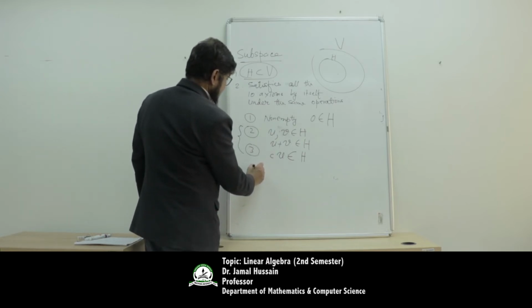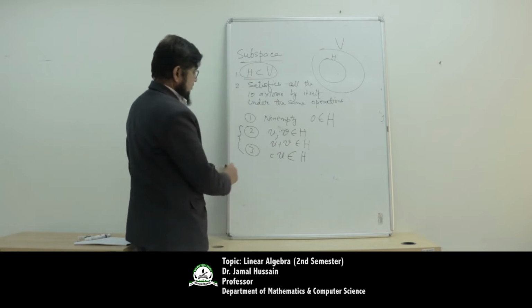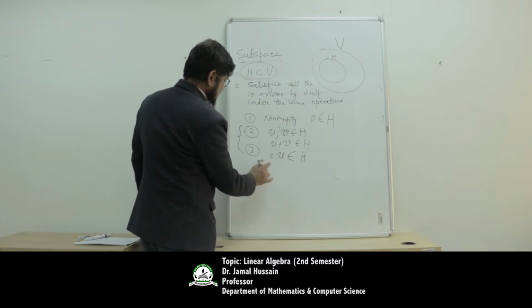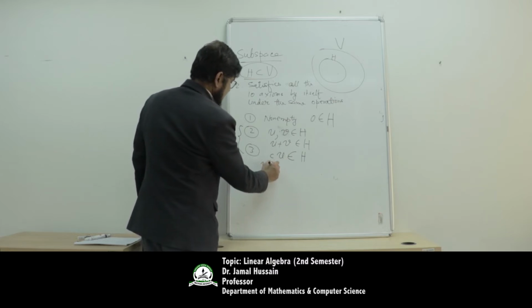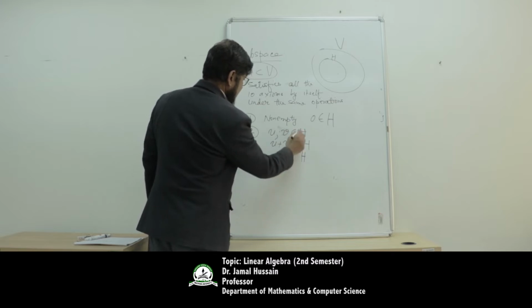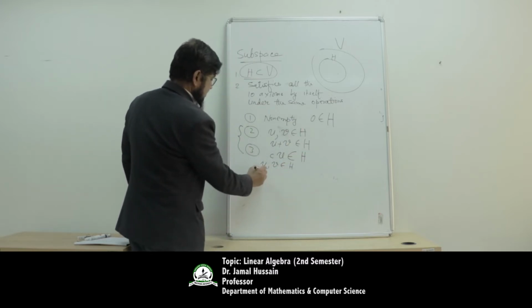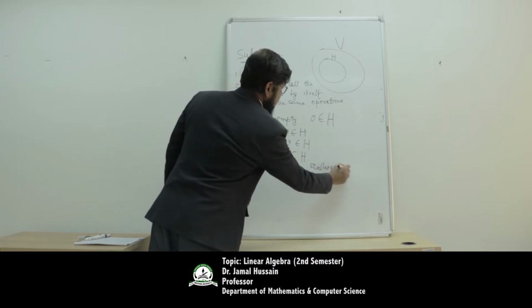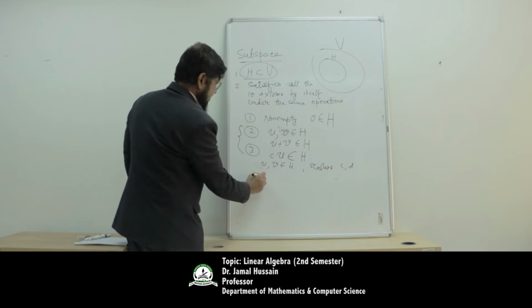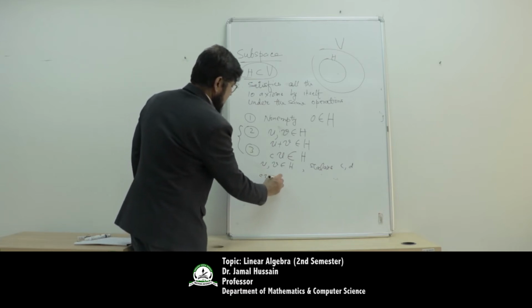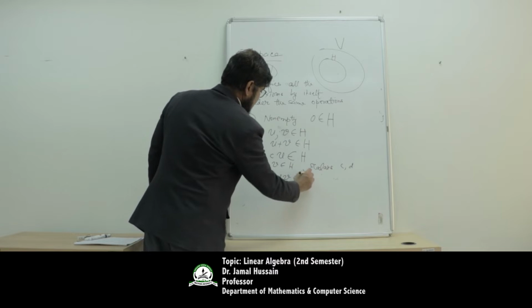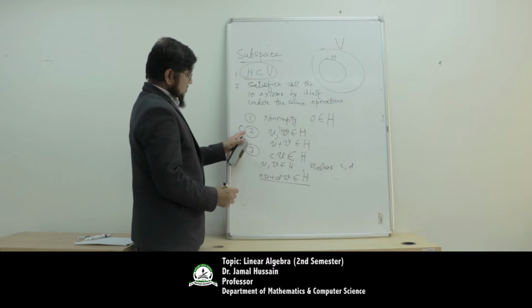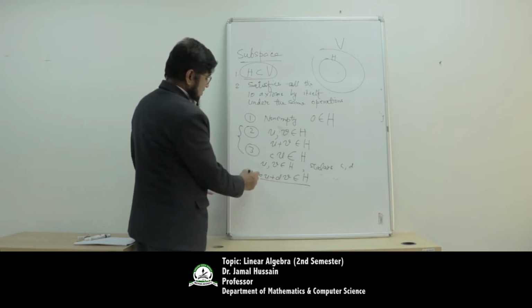If we can say for U, V in H and scalars C, D, if this is satisfied, that is, if we can show CU plus DV belongs to H, then instead of these two conditions, we have a single condition, this one.